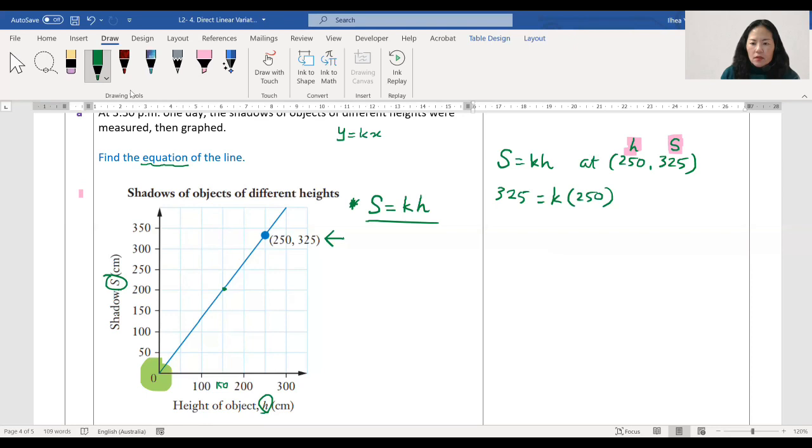I'm going to move it: 250k equals 325, and divide by 250 on both sides. That'll give me 1.3. So my equation is S, not y, S equals 1.3h.